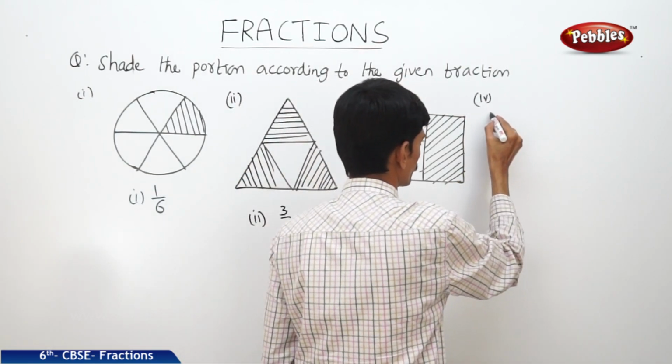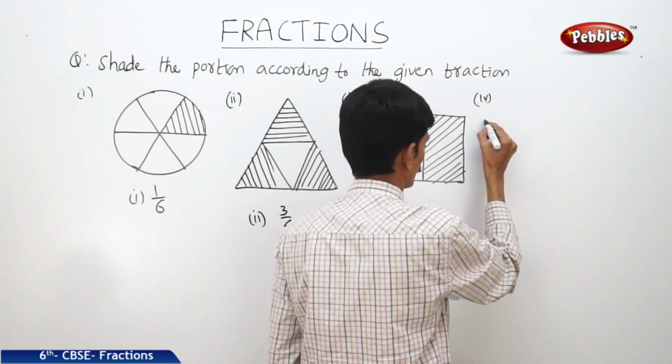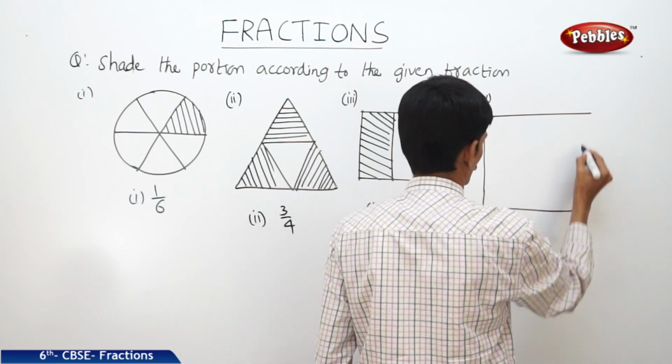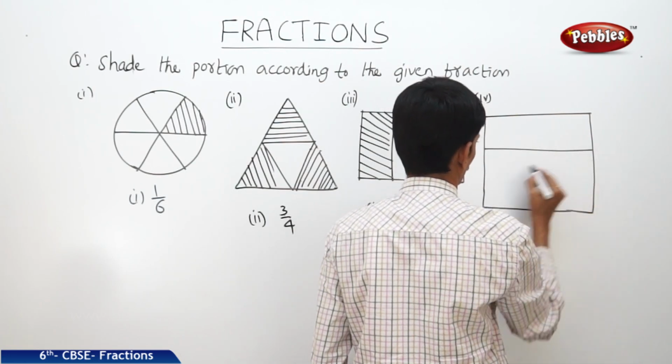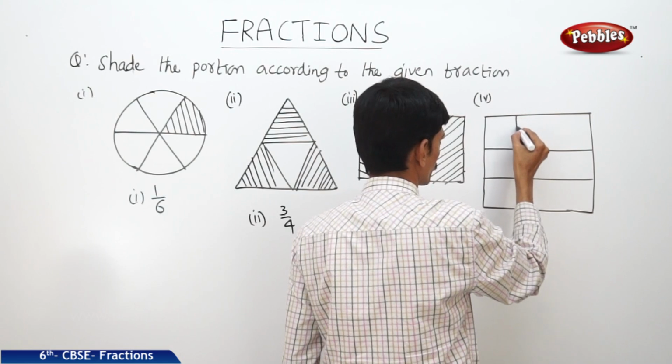Next one, there is a square which is divided into 9 equal parts.